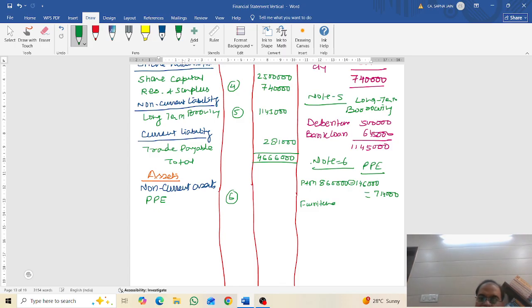Next, furniture is given for rupees 2 lakh. After furniture, fixtures is given. This is 3 lakh. Next is freehold land, this is 15,46,000.